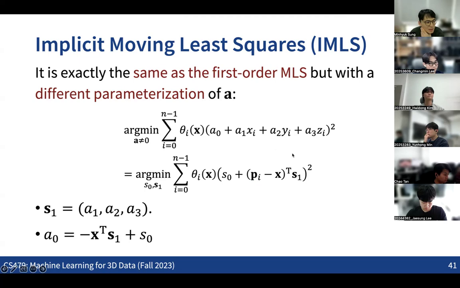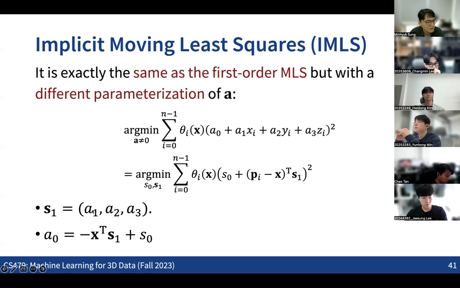The only thing is that now we are reparameterizing the vector A into the normal vector, the S1 here, and also having S0 instead of the A0 here, right? So this is a slightly different explanation for the moving least squares formulation, especially for the first order case.